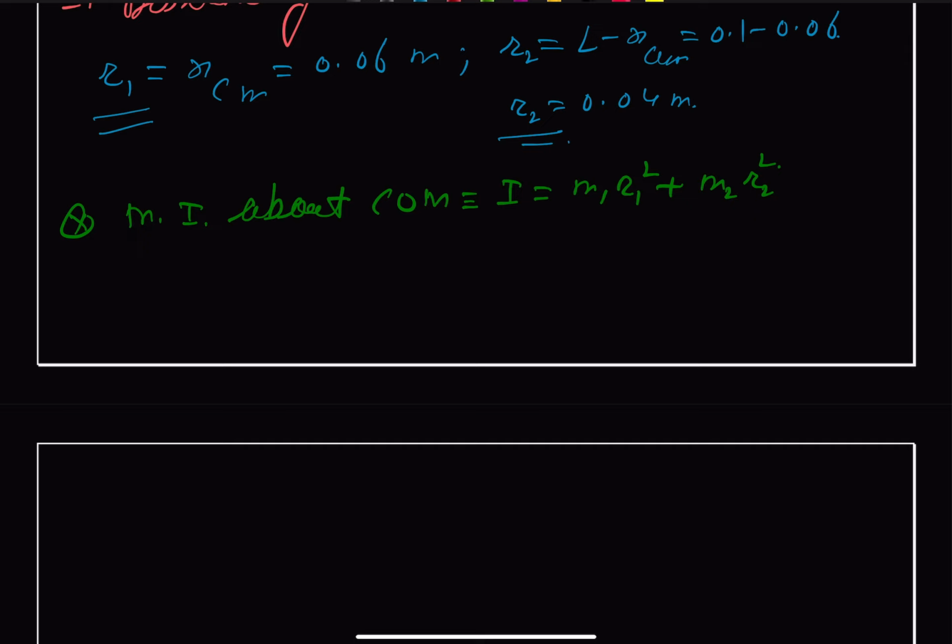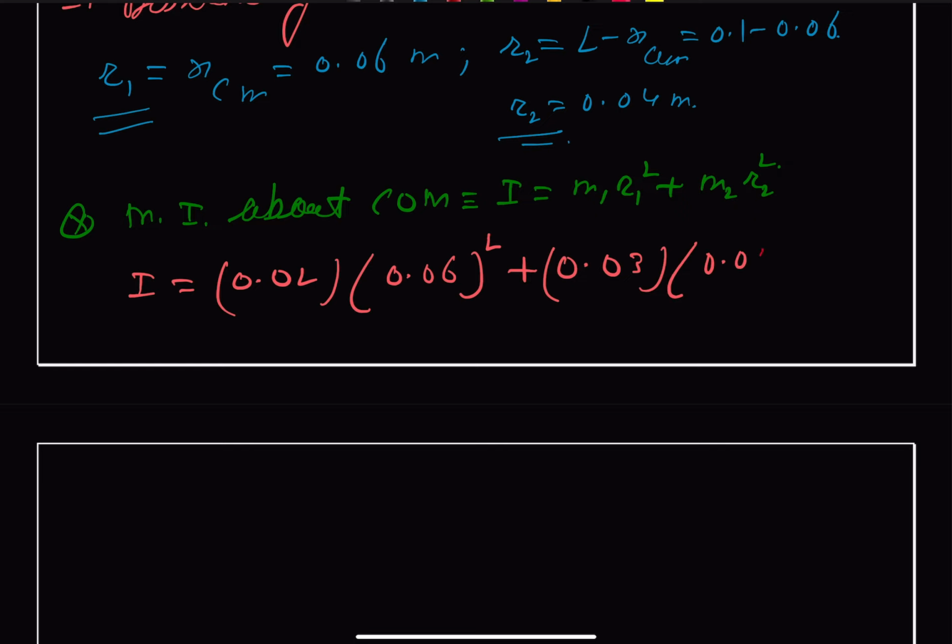So we get our I is equal to 0.02 multiplied by 0.06 whole square plus our 0.03 and 0.04 whole square.